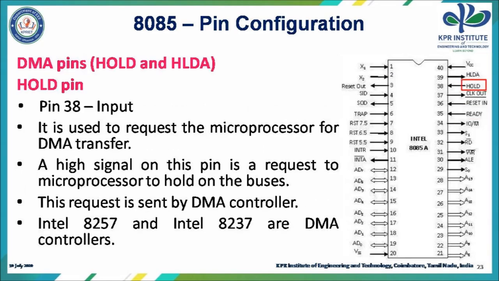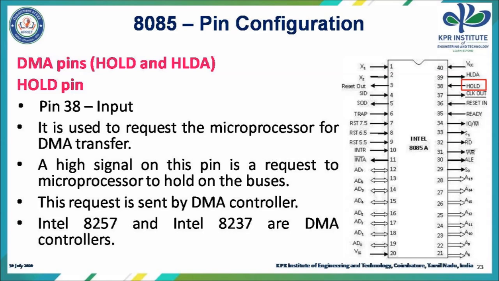Next come the DMA pins of the processor. DMA is nothing but direct memory access. Normally, the data from the I/O device is transferred to memory only through the microprocessor, that is, from the I/O device to the processor and then to the memory. Similarly, the reverse operation will be from memory to the processor and to the I/O device.